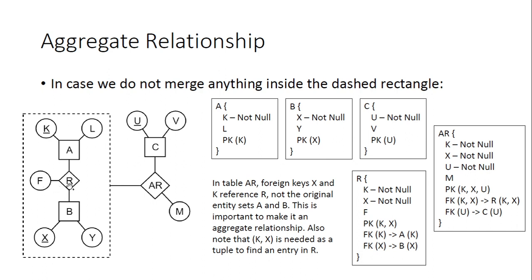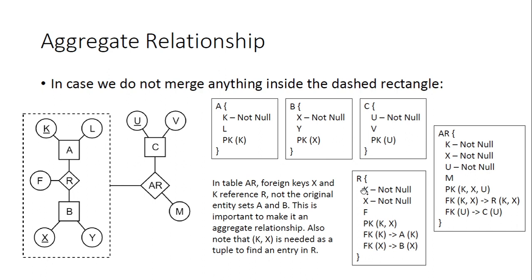So for R, I need a foreign key that is going to refer to the primary key of A, which is K. So I have K inside R. And similarly, to refer to an entry in table B, I need a foreign key that is going to refer to the primary key of this table B. So we decided to have the same names.